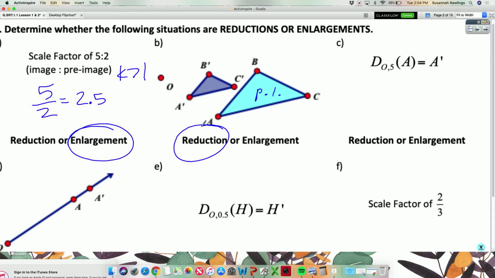Okay, the next one. We're going to be seeing lots of this code today, so I'm going to write out what everything means. The D is for dilation. So it is a dilation from our starting point, or the point of dilation. So that's just our starting point, where we're dilating from. And then the only number here, what do you think that number represents? 5. Yes, it is 5, but what? Scale factor. The scale factor.